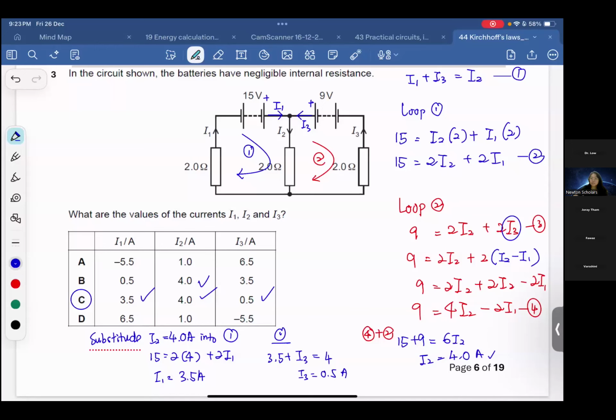Power correct. Manjo correct. The rest actually is just mathematics. The concept here is you need to find a different loop.